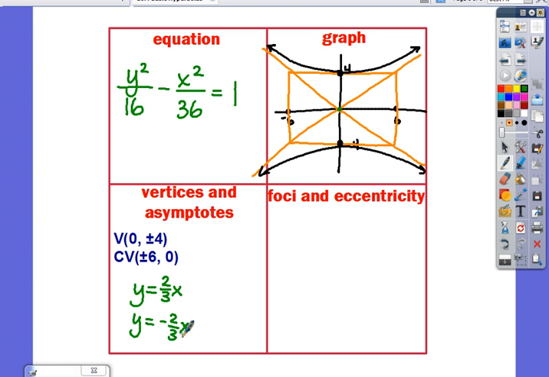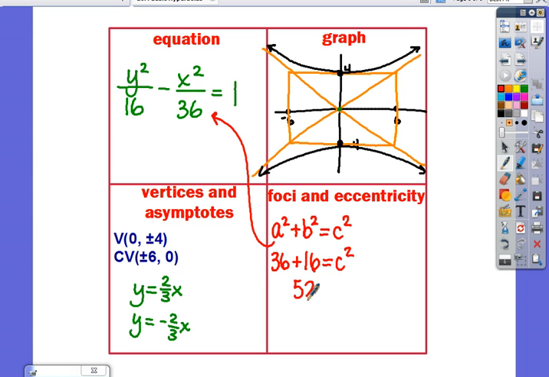Let's throw it into the eccentricity and foci. So I need my c, and this part's easy if you already have the equation, because it doesn't really matter which one you use, you're just adding them together. So we do our 6 squared and our 4 squared, and that's 52.